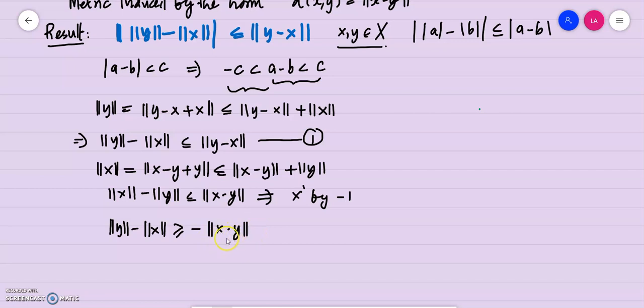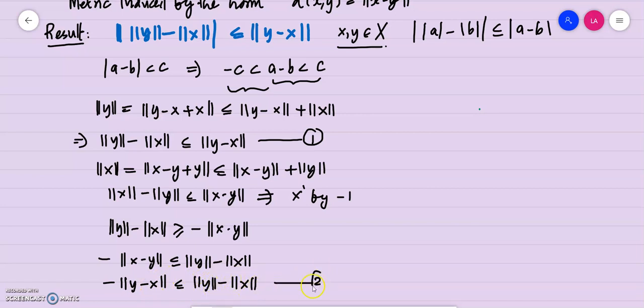We already know that norm (x minus y) and norm (y minus x) are the same, because the norm induces a metric and a metric has the same properties. So, writing in the correct order: minus of norm (y minus x) is less than or equal to norm y minus norm x. This is inequality number 2.